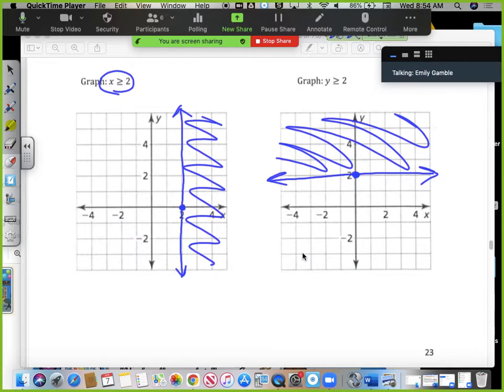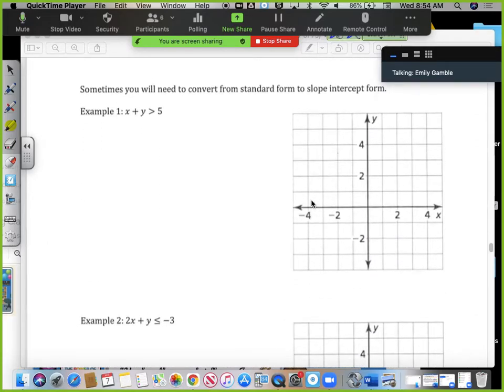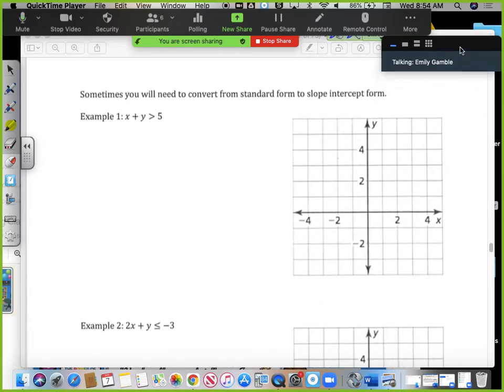Okay, but obviously they're going to get a little bit more difficult if the inequalities are ever in a form that's not in slope-intercept form. So if we flip over to this last page here with all of these graphing examples, in example 1, we have an inequality that says x plus y is greater than 5.